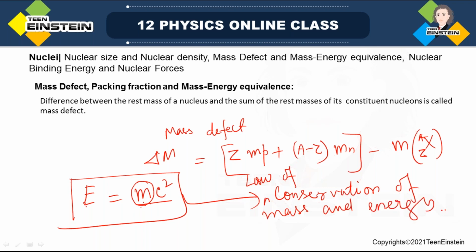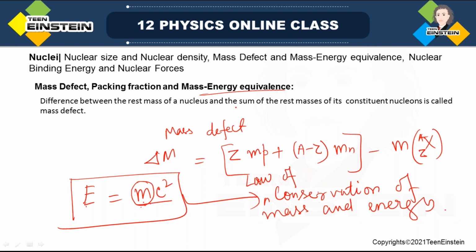That means in any reaction, nuclear reaction or any reaction, the total mass and the total energy remain the same. This is what E is equal to mc square is, the equation of mass energy equivalence.